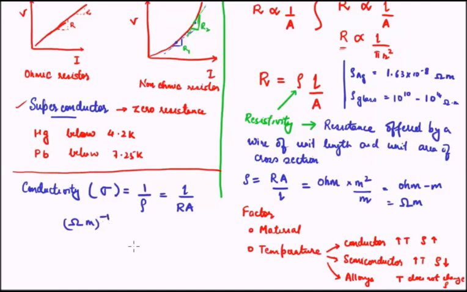Or in terms of Siemens, ohm inverse is Siemens, so Siemens per meter, or mho per meter.